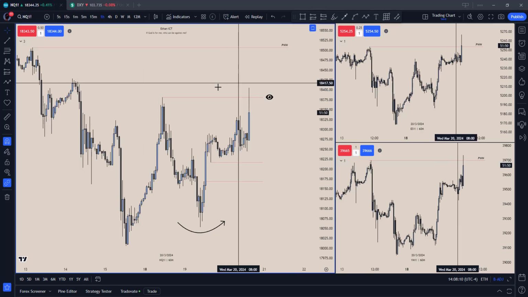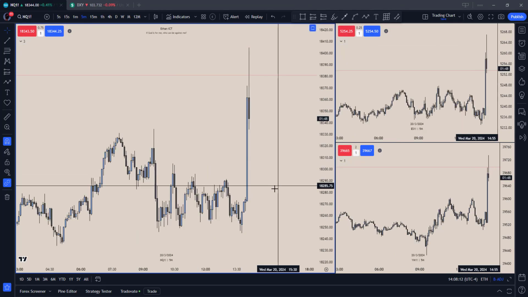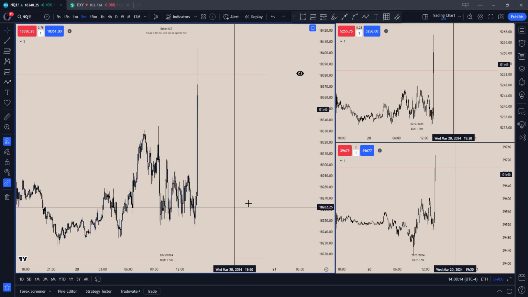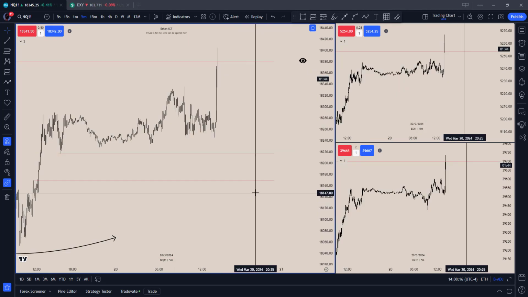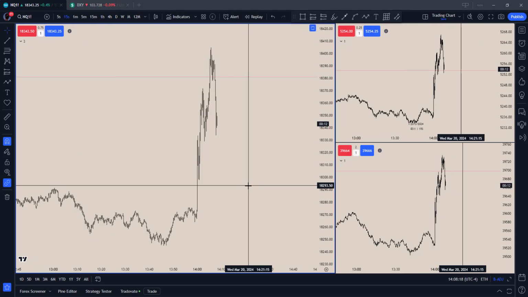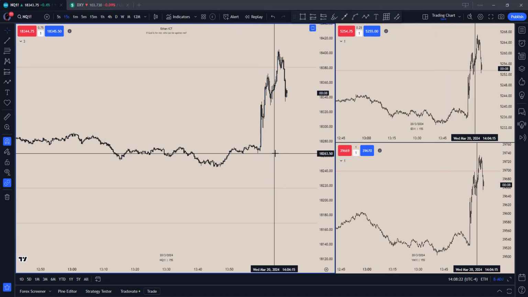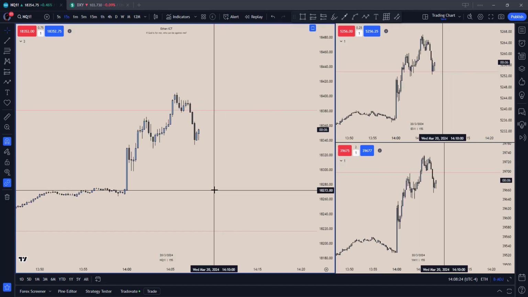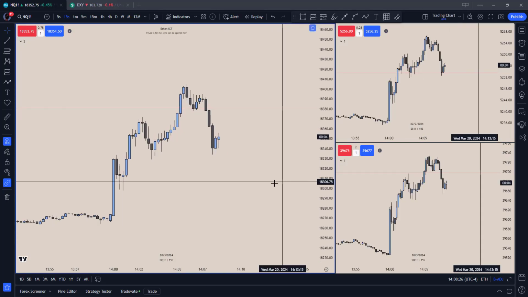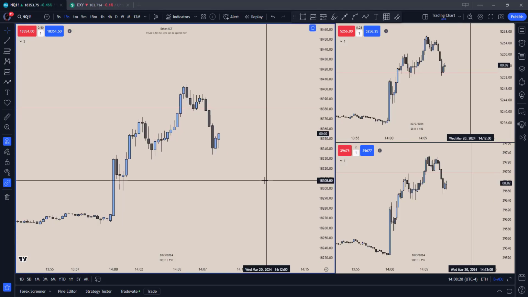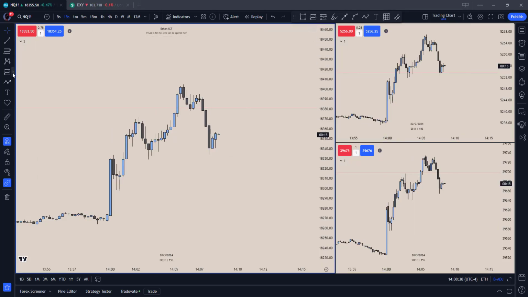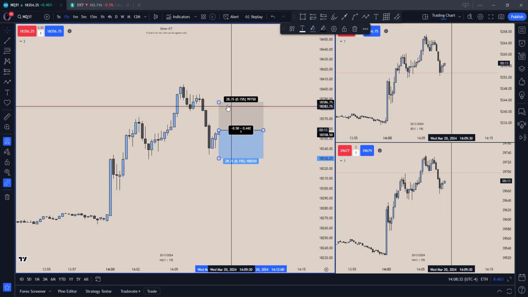So far, so good looking here, though. Right? It looks more like a manipulation than a displacement. Honestly, I'm down to take a stab at a short here. Let's see what kind of risk I can put on though.